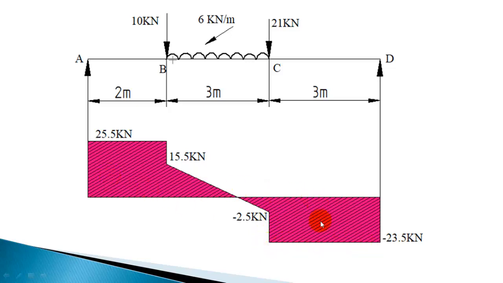This gives a shear force diagram, and shear force is linearly varying, and there is a point where shear force is coming to 0, and at this point you will have a peak bending moment. So between point B and C, bending moment will have a peak, and the variation of bending moment is going to be parabolic. So let us calculate the bending moment at various points.